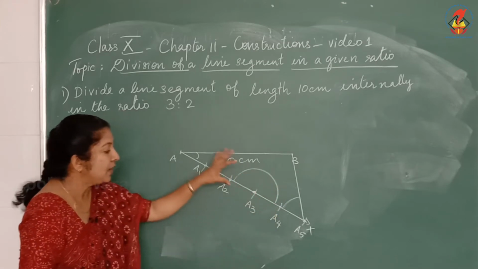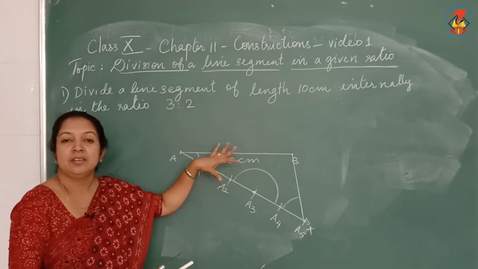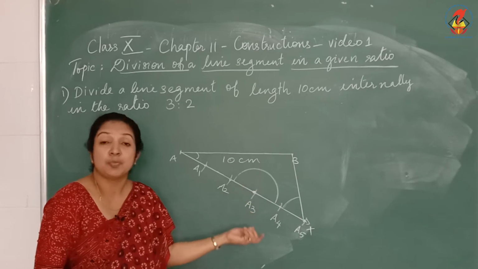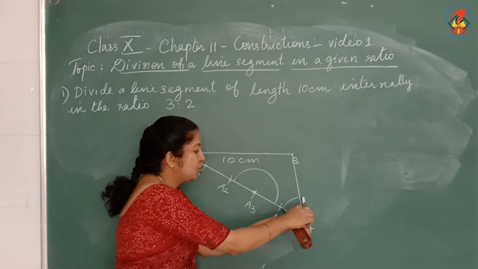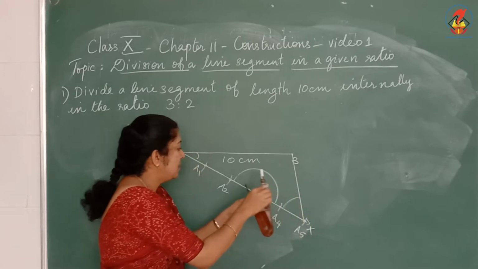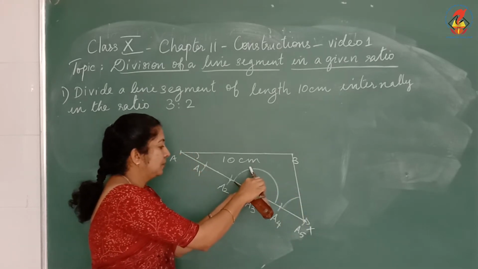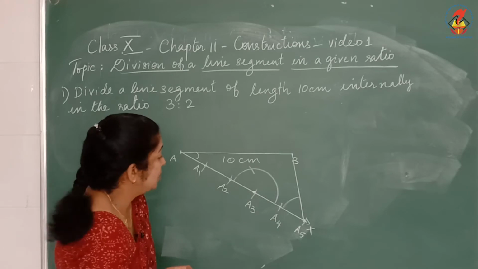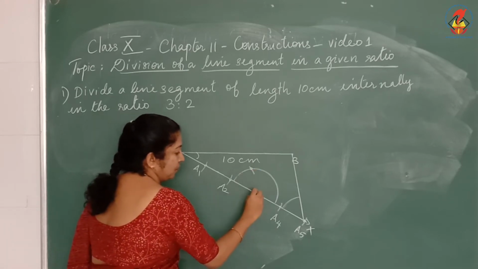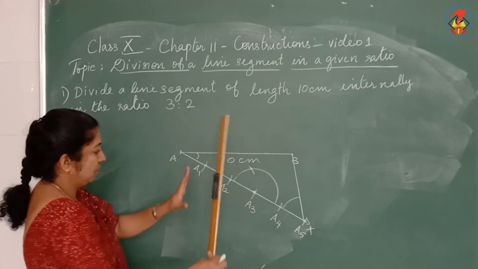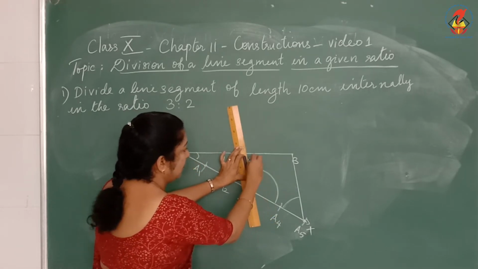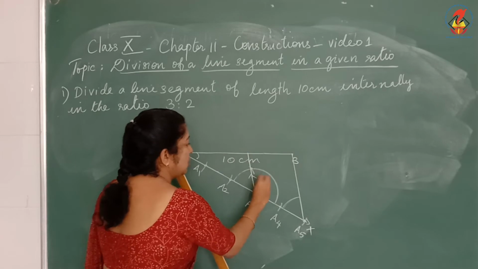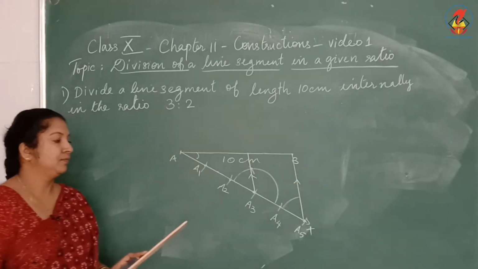We need to make equal angles here because the corresponding angles are equal. So for getting the equal angle, we take this width, make a cut from here, and join these two. See, these two lines are parallel.